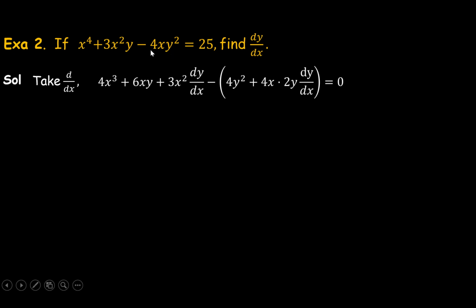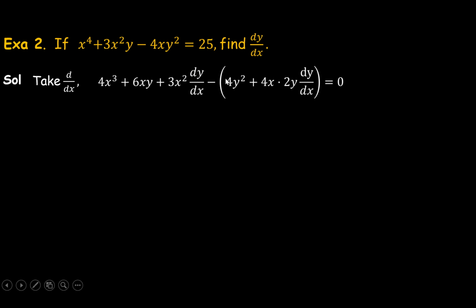Again, I'm going to treat this as a product of 4x and y squared. I'm also going to put a parenthesis around the answer because there's a negative sign in the front, so minus this whole thing here. All right, so what's inside the parenthesis? We apply the product rule, so f prime times g.